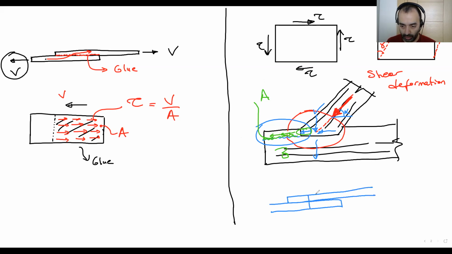And here we have a bolt. When we apply loading, this load comes here, and in between these two plates, there is only the connection area, the circular area of this bolt. There will be a shear stress on this area.